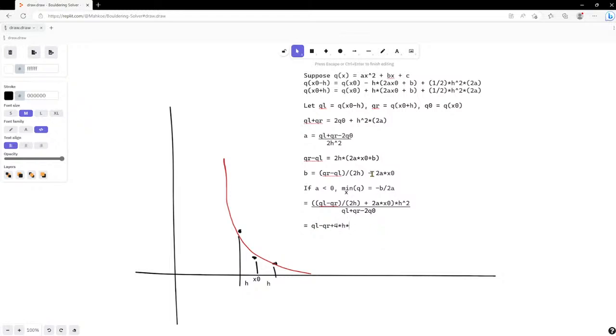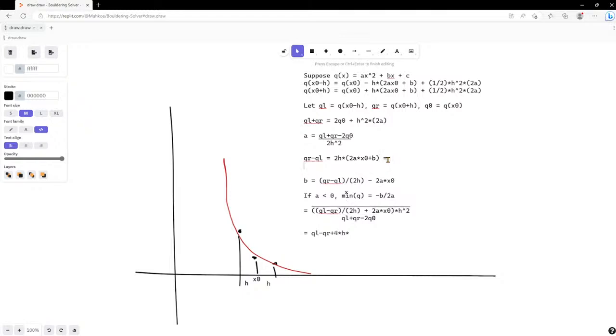Oh wait, where did this a come from? Okay, we gotta fix that, so, which is equal to, need more space.